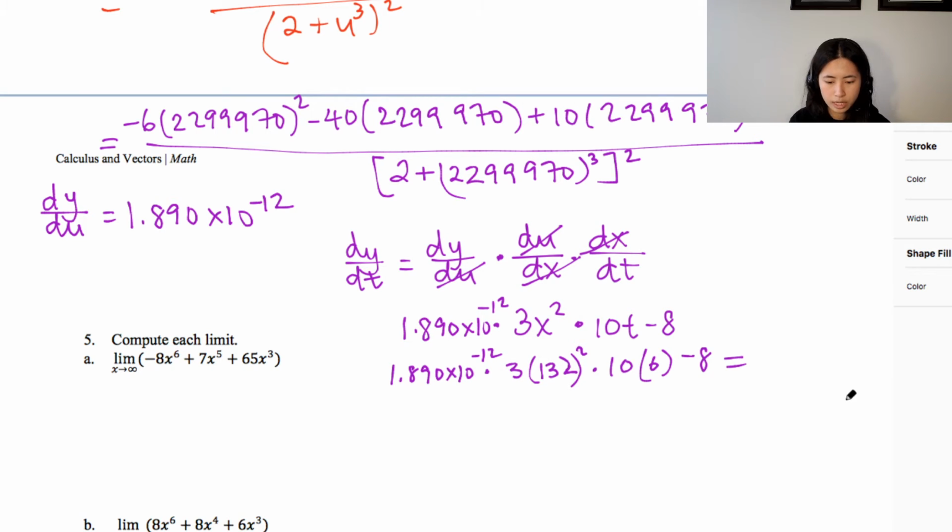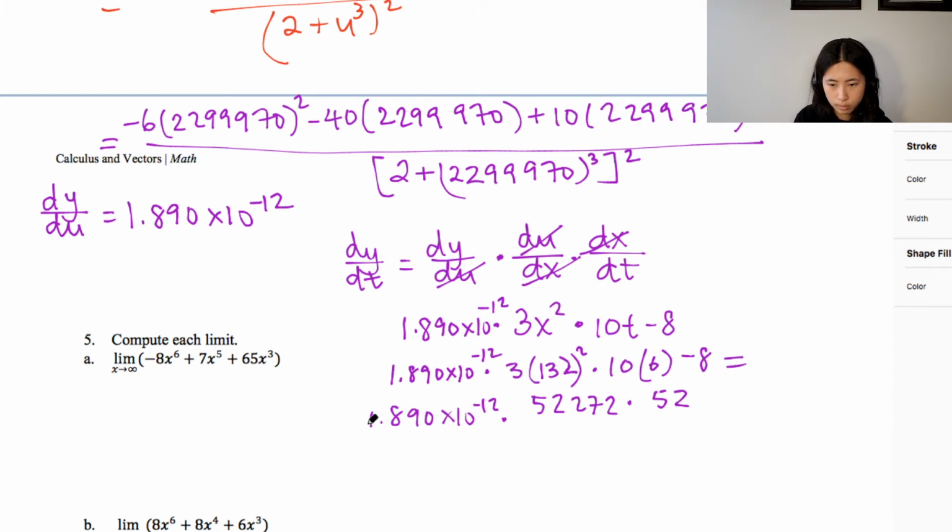So this is actually equal to 1.890 times 10 to the -12, 3 times 132 squared, which multiplied out is 52,272. And then this thing is actually 60 minus 8. So that's equal to 52, right?